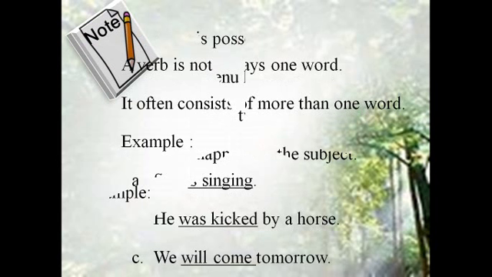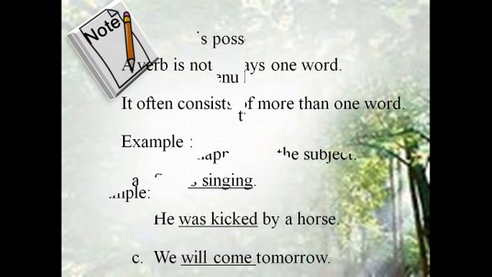If one word of the verb is present as a sentence, it gives you complete meaning. But it is not compulsory that a verb should always be one word. It often consists of more than one word.